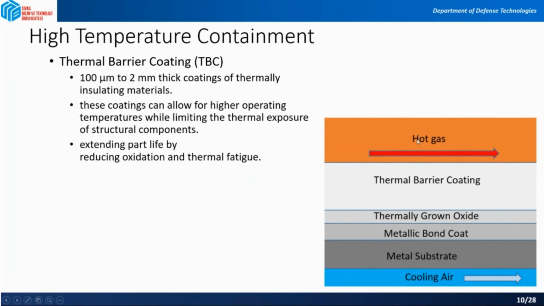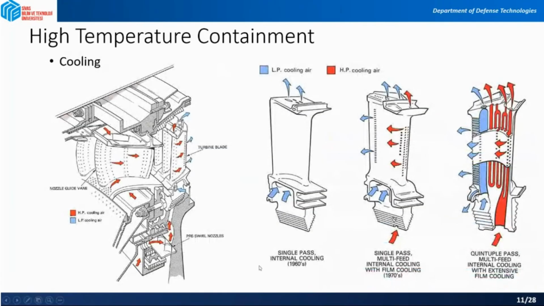And then the hot gas is passing from above the TBC, and you also can do some cooling from the inside that we are going to see in a second.